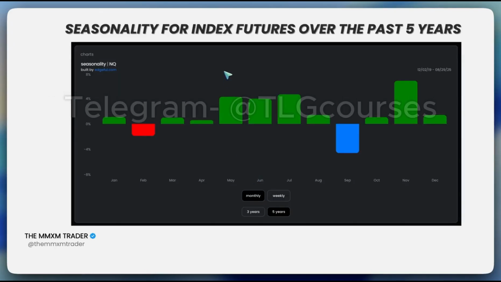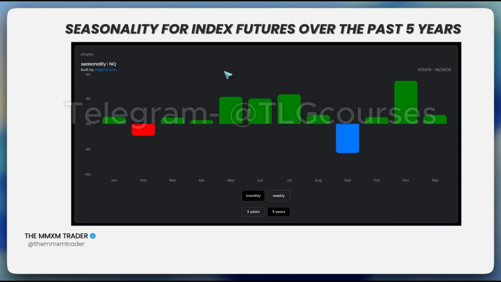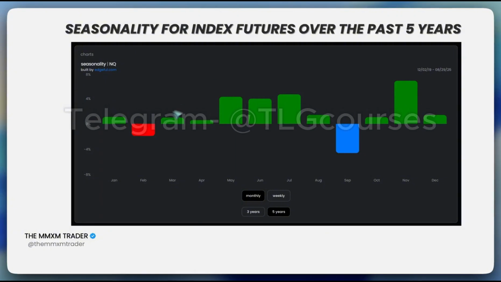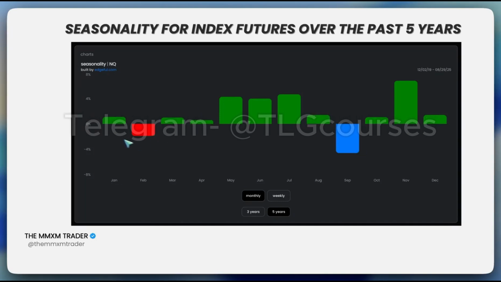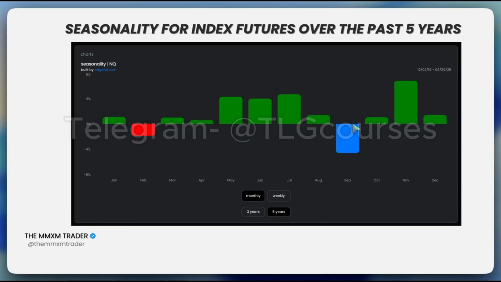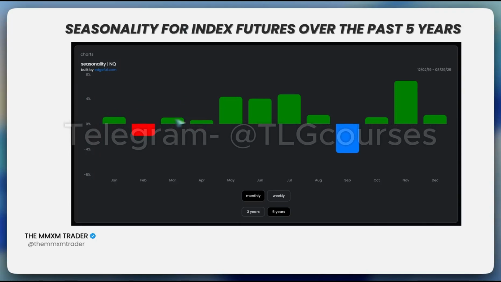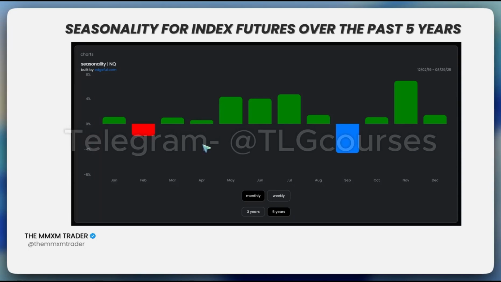So here is the seasonality of the past 5 years on the index futures. And from the data, there's a clear discrepancy here between February and September. They have clear bearish price action on these 2 months, right? We have a semi-bullish January, semi-bullish March, very, very small bullish April, right?